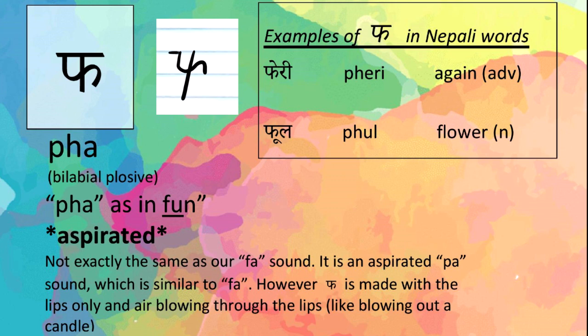Kinda imagine blowing out a candle and you get that little sound. So try to train your brain that it's not just the F sound from our English alphabet, but it's the pha sound made with air blowing through the lips. Examples of pha are feri, which means again, and phul, which means flower.